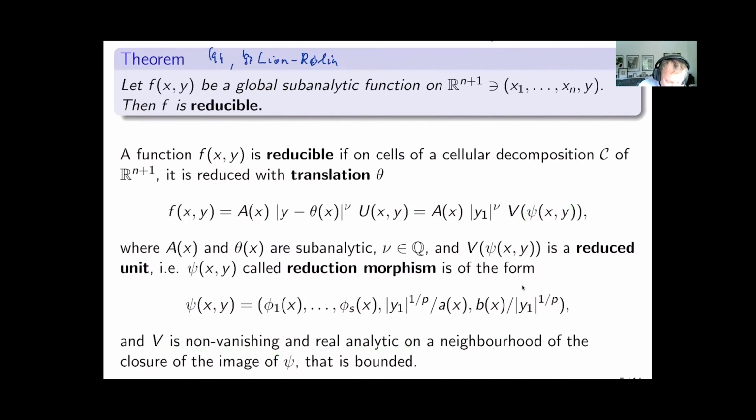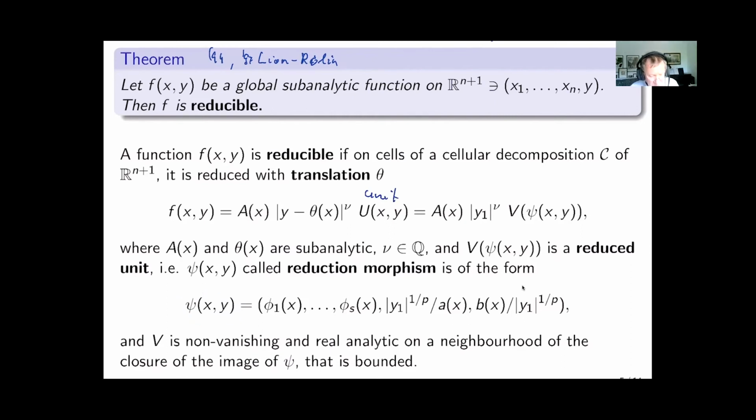U means unit. And so invertible, because the image of this map is relatively compact. The image is a small neighborhood on a blow-up space.